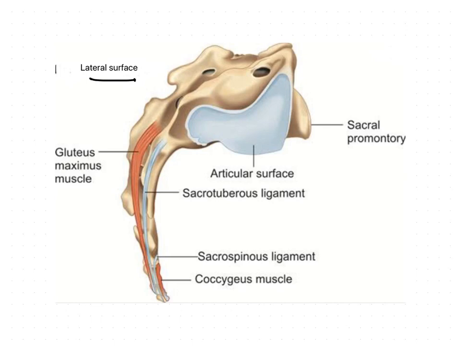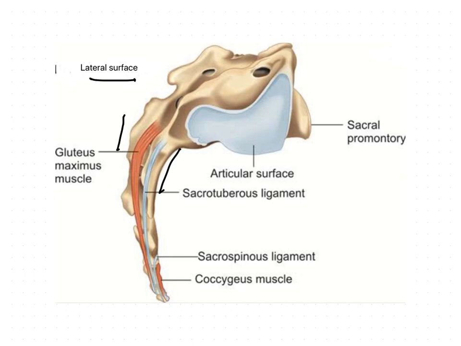Have you observed these transverse processes earlier and the costal elements on the anterior surface? These two elements fuse. Transverse process on the posterior aspect and costal elements on the anterior aspect fuse to form the lateral surface.